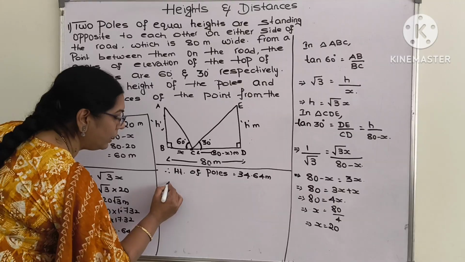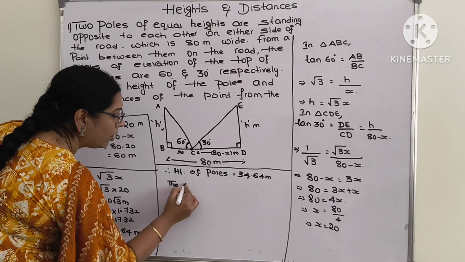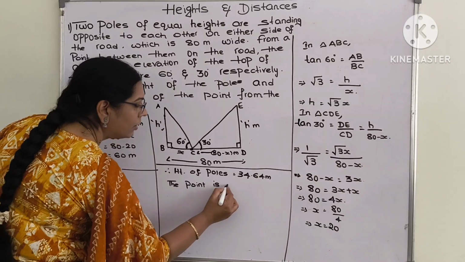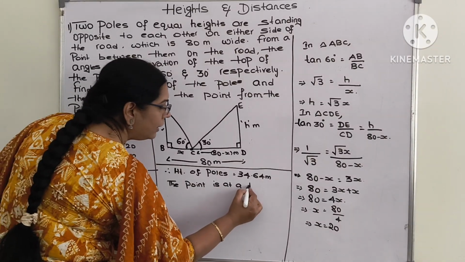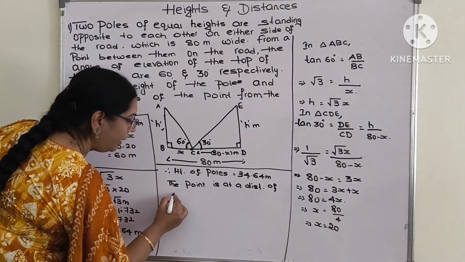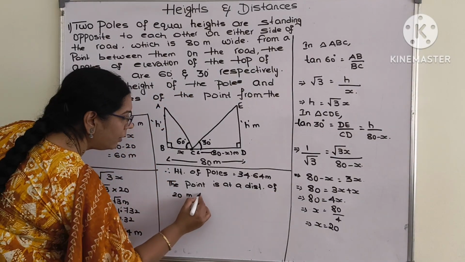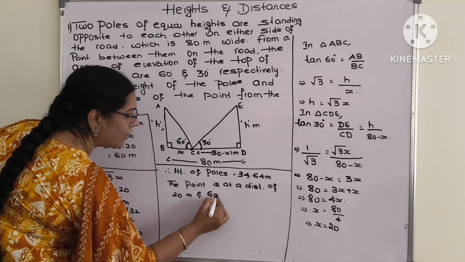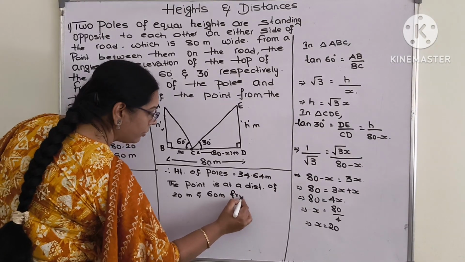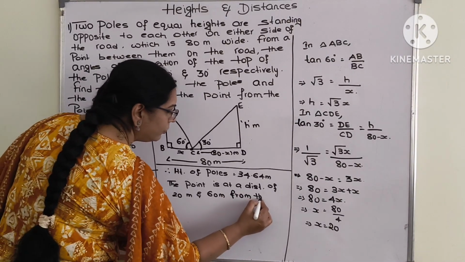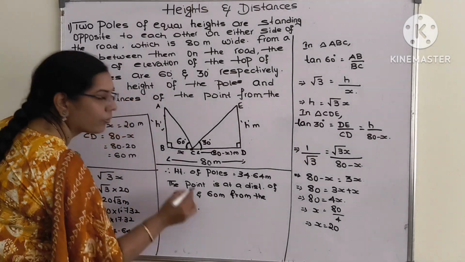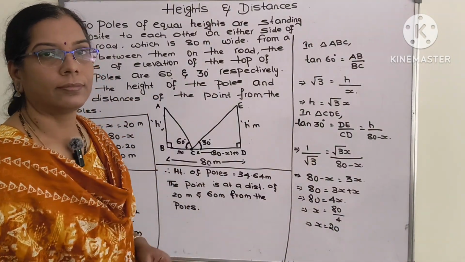And the point is at a distance of 20 and 60 meters from the poles. That's it, children.